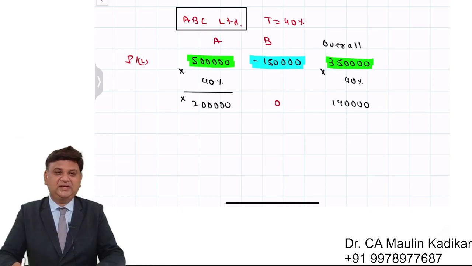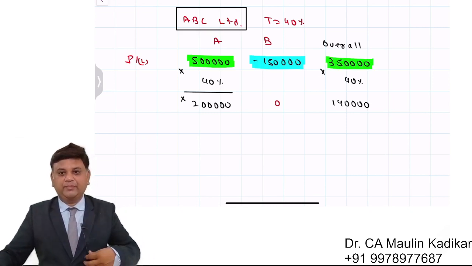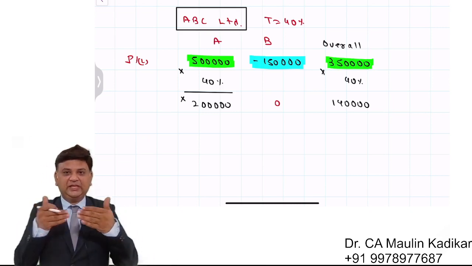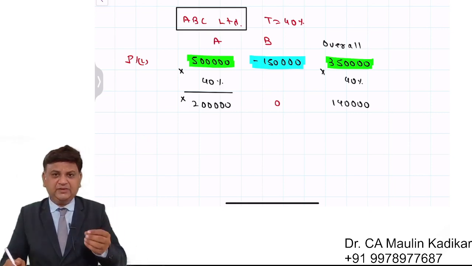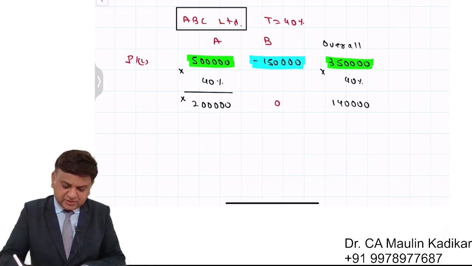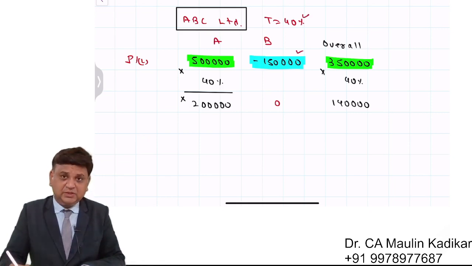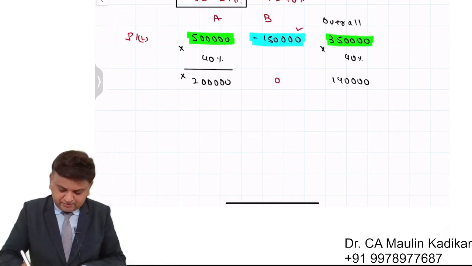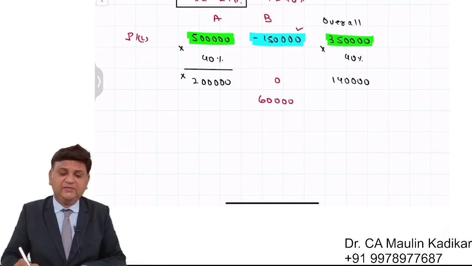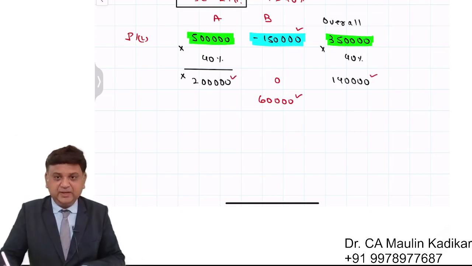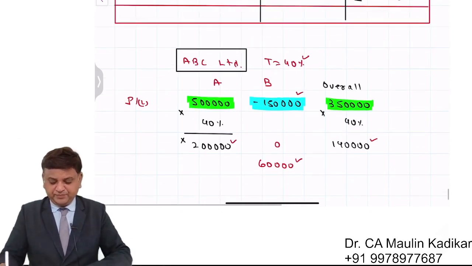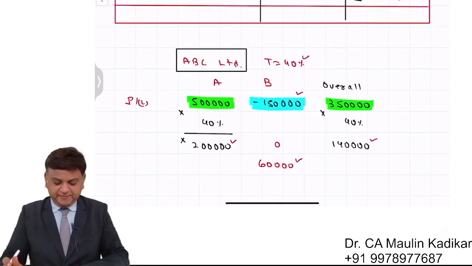This is given a technical name, the set off of the losses. 40% of 1,50,000 comes to 60,000, so you get the advantage of tax saving of 60,000 rupees, and instead of 2 lakhs you have to pay tax of 1,40,000. This is what the concept is.